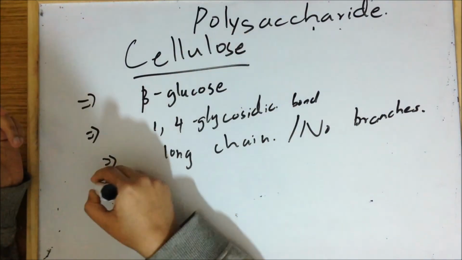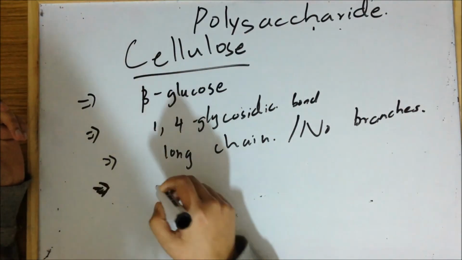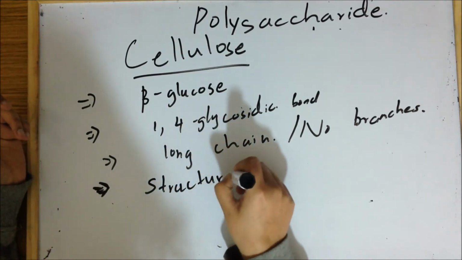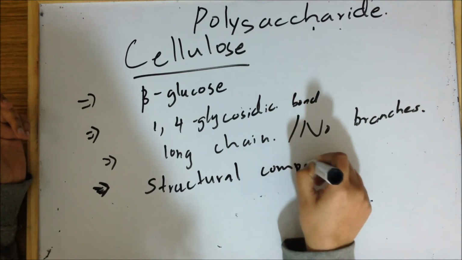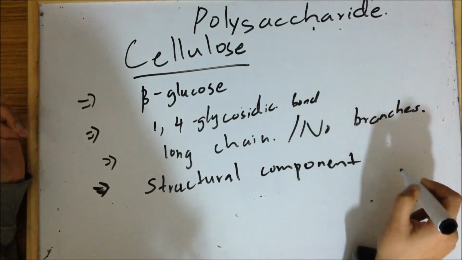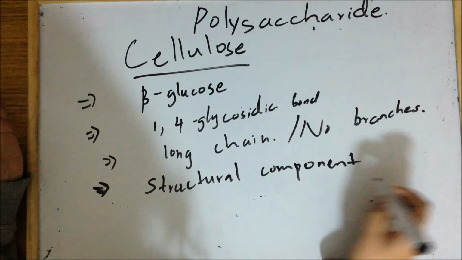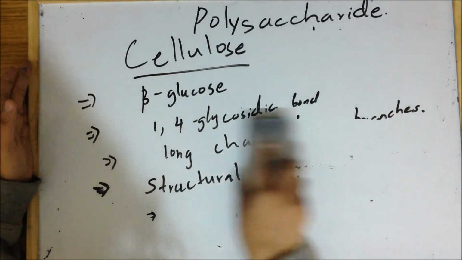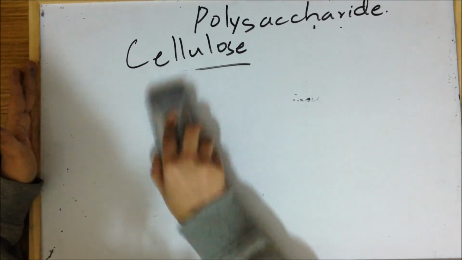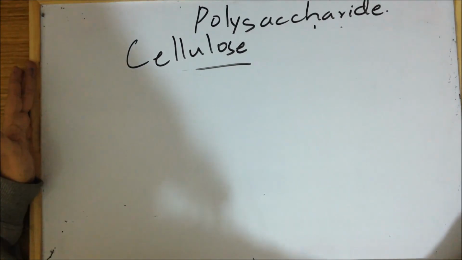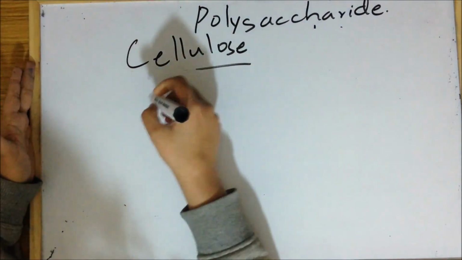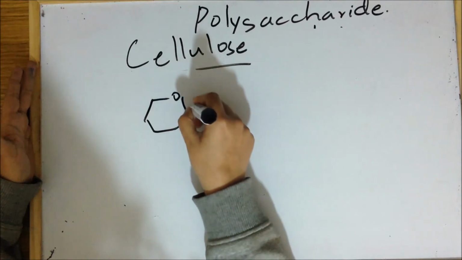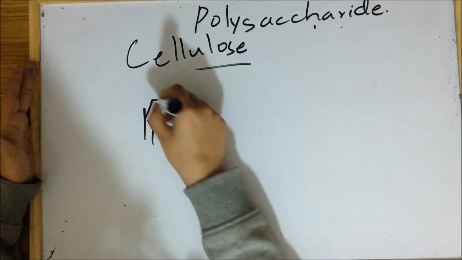Cellulose acts as a structural component of plants in the cell wall. It provides rigidity for the cells. So how does it provide this rigidity? In cellulose, the monomer is beta glucose.